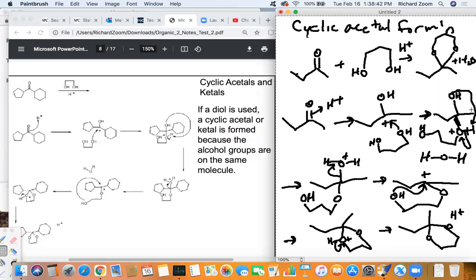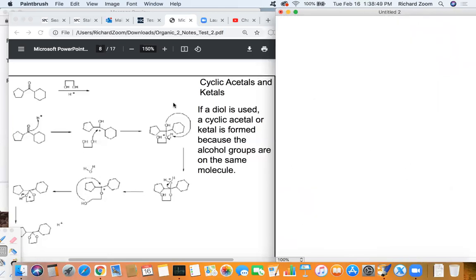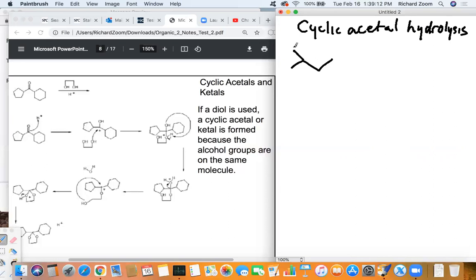Any other questions? Okay. All right. Well, let's look at the reverse process then, and that would be acetal hydrolysis. We'll take the same thing as we just used, I guess.